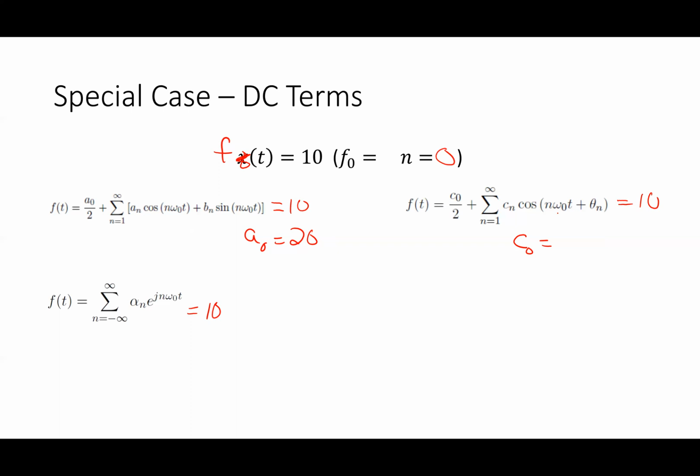I'm just pattern matching, and I've got just a DC term, so the DC term is equal to C_0 over 2. So what's C_0? It'd be 20, and 20 divided by 2 gives me 10. In this case, my DC term is alpha_0. Looking at this one right here, if I plugged in n equal to 0, what would this become?